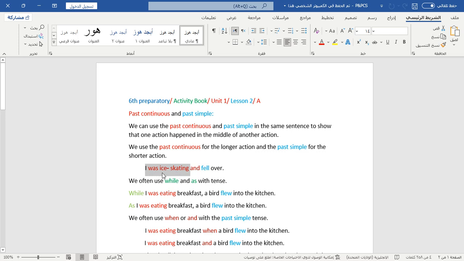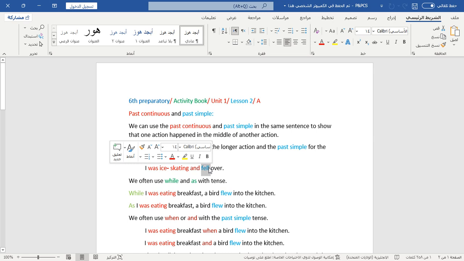This action continued, and it was interrupted by the other action in the past simple, as we see here: fell over.